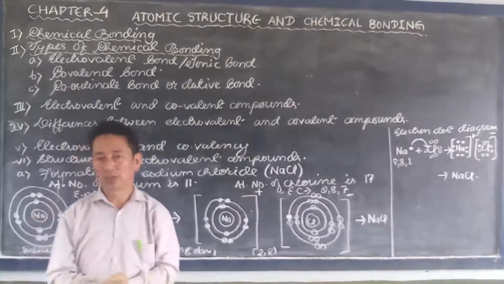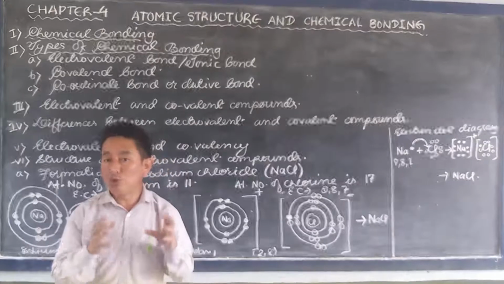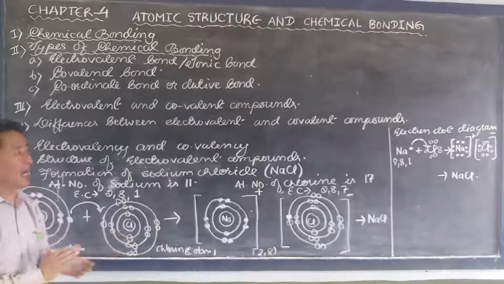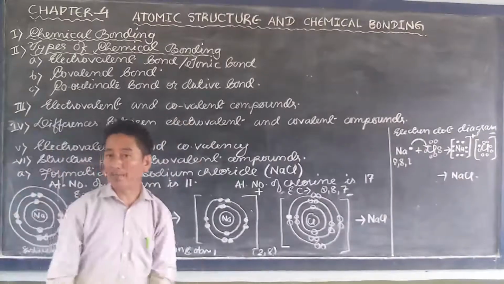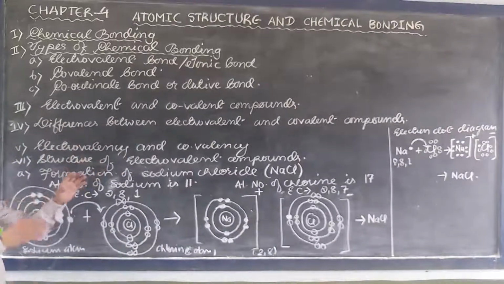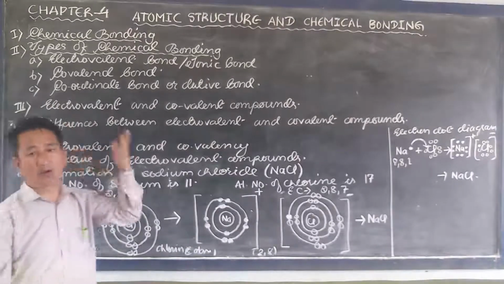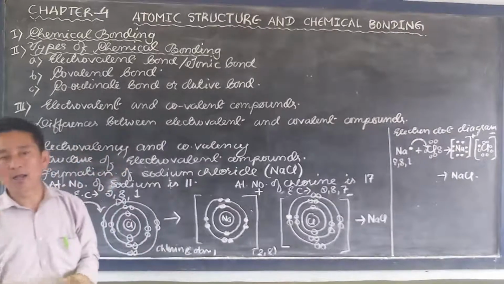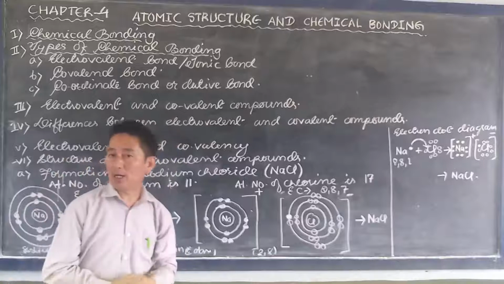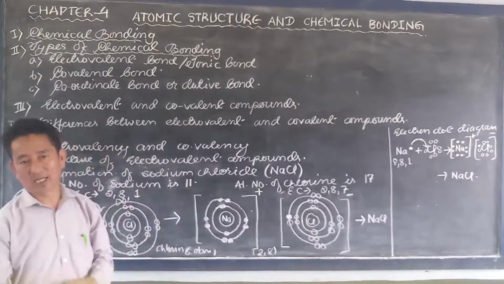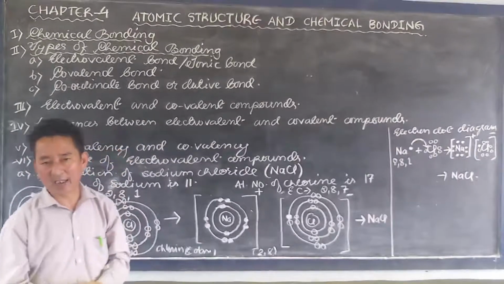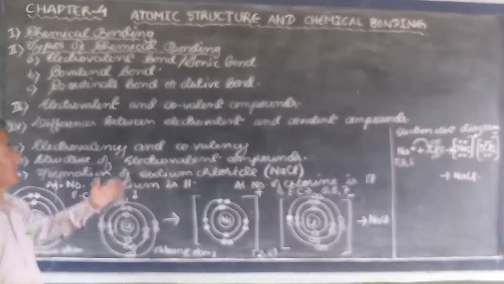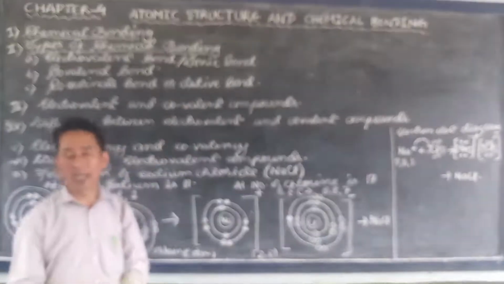The compounds which are formed by mutually sharing the valence electrons between the combining atoms are called covalent compounds. You know, all the salts are electrovalent or ionic compounds because salts are made up of metals and non-metals. Covalent compounds: methane, carbon tetrachloride, carbon dioxide, water molecule, etc. are the examples of covalent compounds.